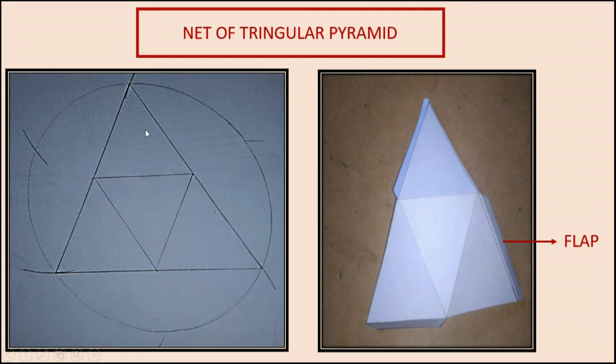Now after folding the flaps, just fold the triangles from this side and from this side. After folding you will get a figure like this. This will be the base of the triangular pyramid and these you have to make into the height, which will take a 3-dimension shape.